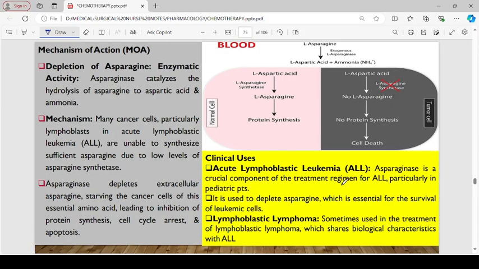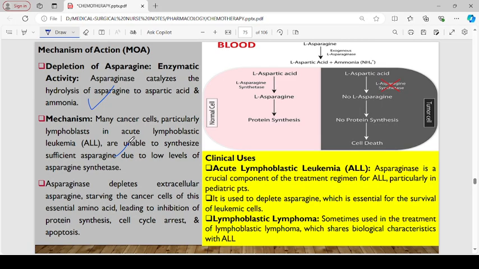Asparaginase normally catalyzes the hydrolysis of asparagine into aspartic acid and ammonia. Many cancer cells, particularly lymphoblasts in acute lymphoblastic leukemia, are unable to synthesize sufficient asparagine due to low levels of asparagine synthetase.